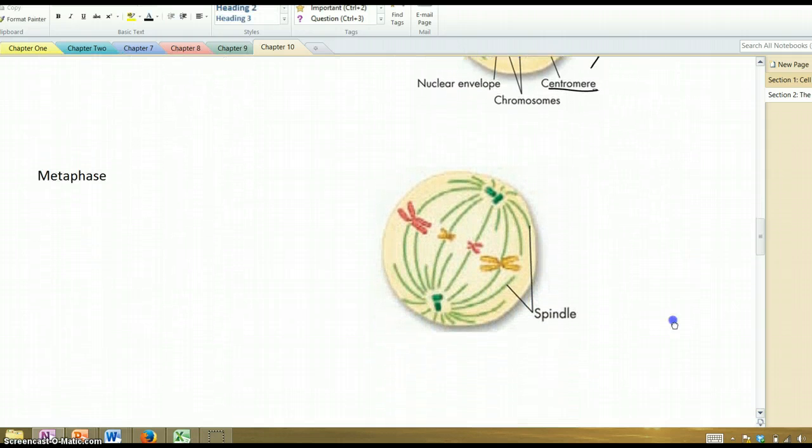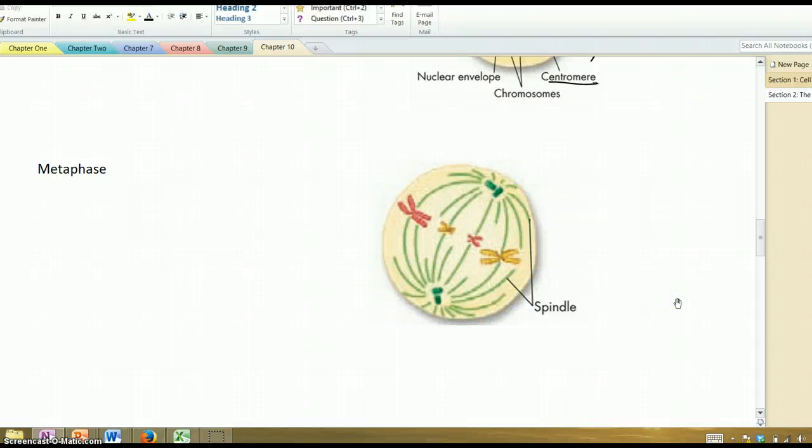All right, next, metaphase. So now the nuclear envelope is completely broken down. What happens is a microtubule attaches to each side of one of these duplicated chromosomes at the centromere. And the duplicated chromosomes are lined up along the center of the cell.